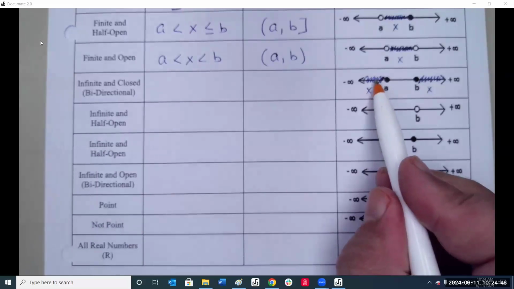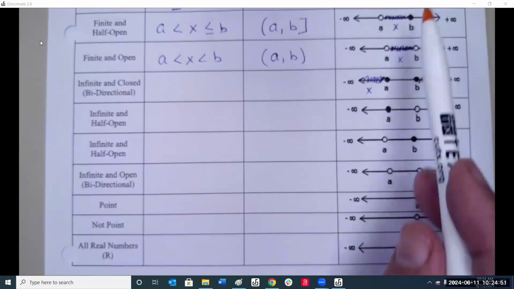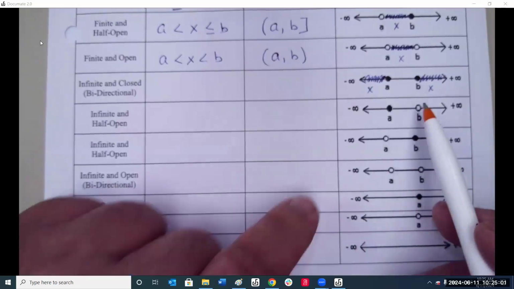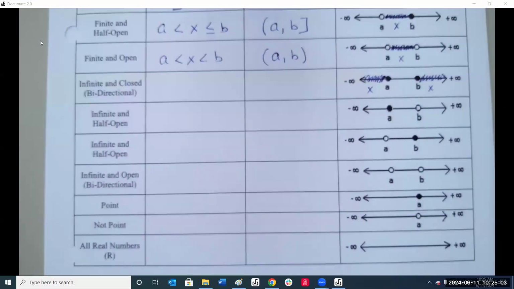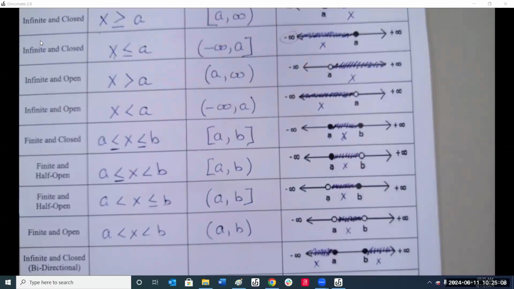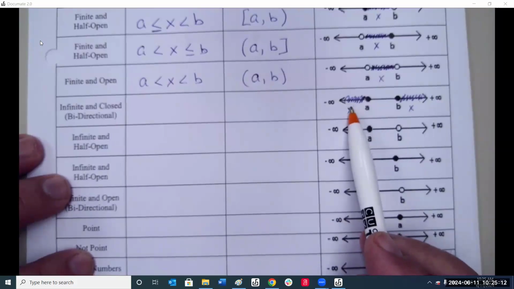First, what does the x represent? When we talk about x's, what do they represent? Yes, our possible answers, exactly. Very good. So in all of the previous ones, x can only be between here. But now, x can be here.